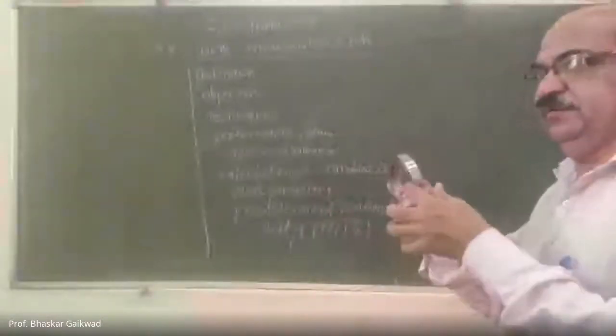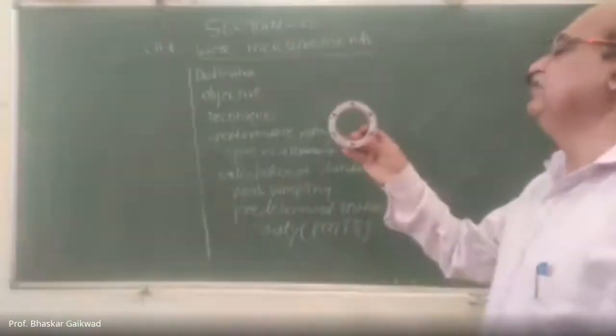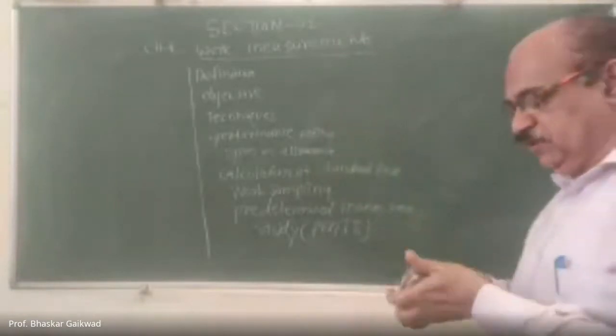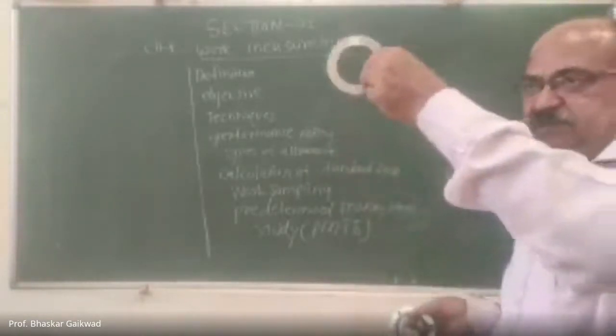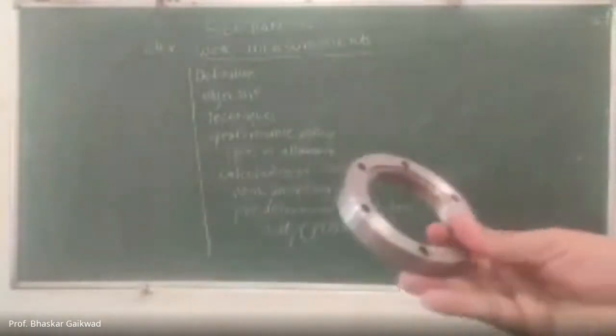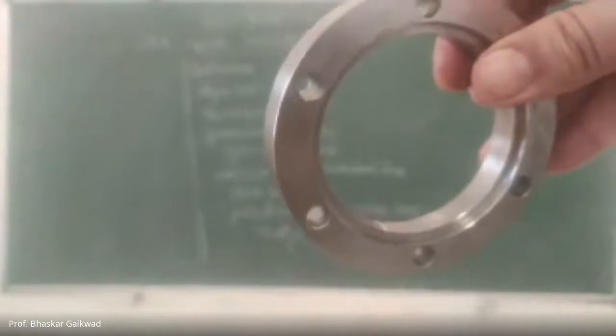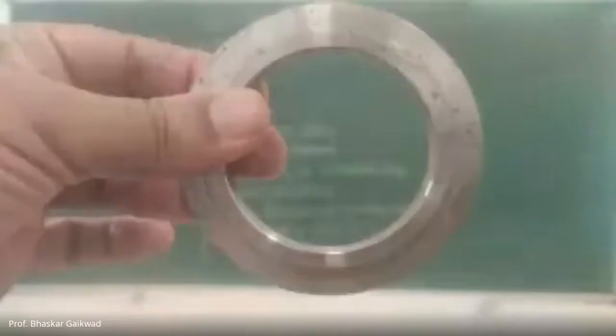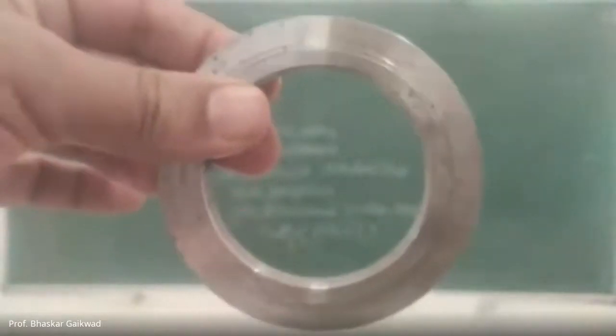One is a part of the ring gear. This is the ring gear part one, and this is the special ring gear one. So I have these two jobs in my hands. This is the one job, the part of the planetary gearbox, and this is the second job. This is used in the gearbox as a spacer.